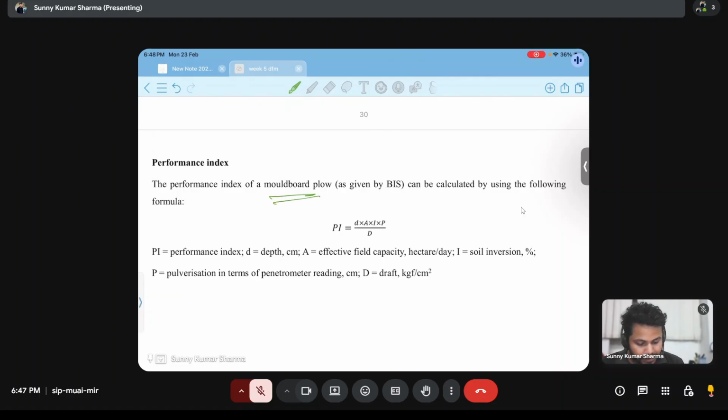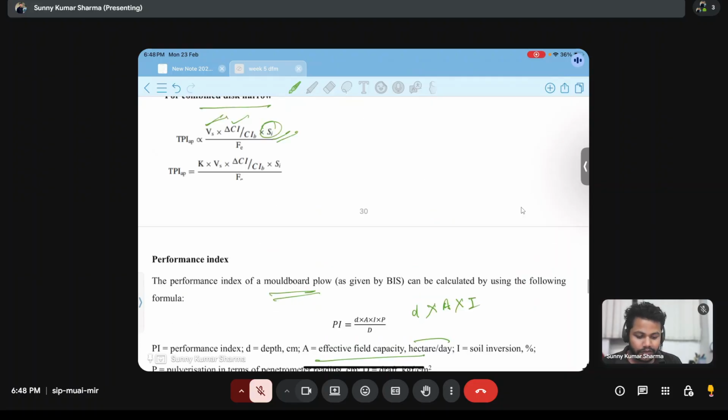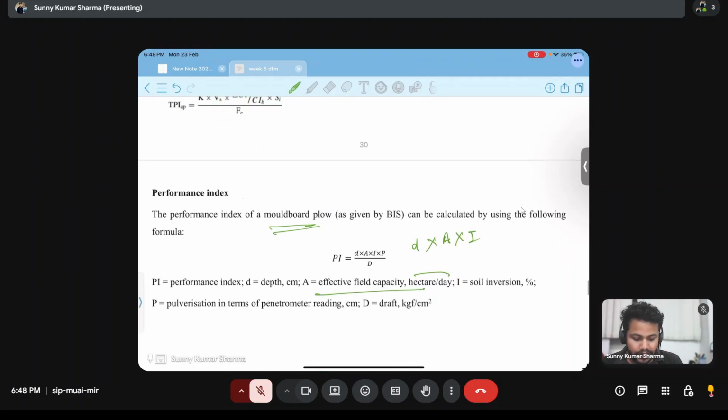It will be depth of operation D into effective field capacity A, in hectare per day, into the soil inversion term. The soil inversion term is there in both the disc harrow and the moldboard plow, because they are inverting the soil.